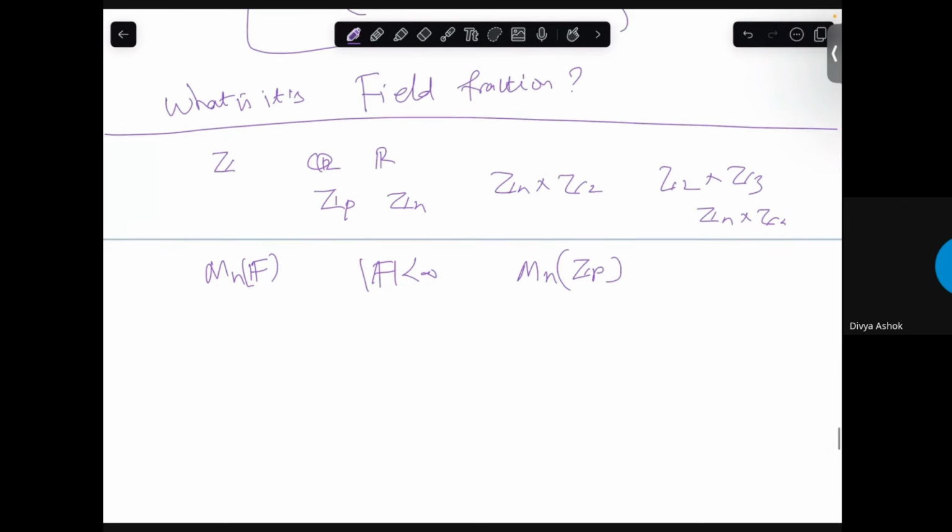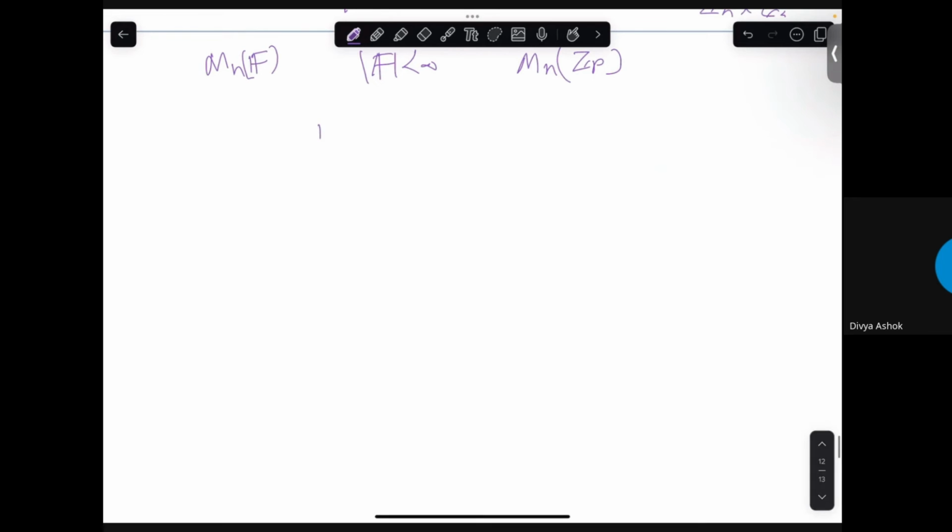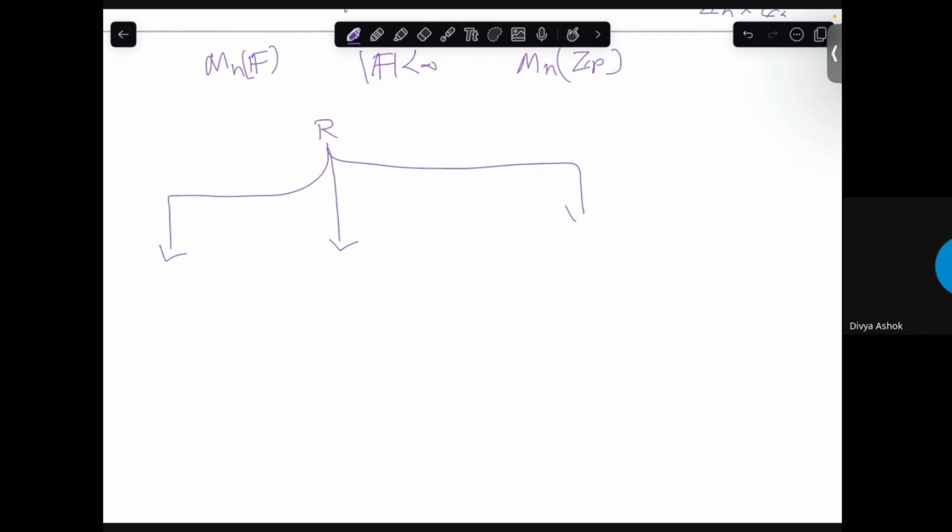Meaning thereby, you start with a ring and there are three very prominent ways to attach something. And this three-way is very important. One way is to look at the polynomial ring R[x]. This is one way, and I will tell you the advantages and where people deal with it. Another is to look at Mn(R).